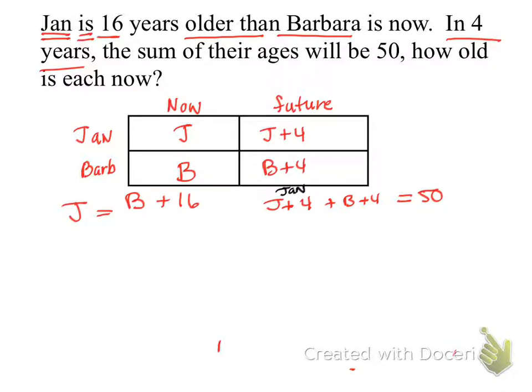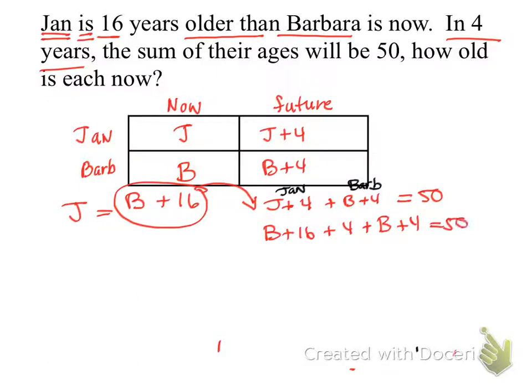Okay. So now what do you think I do? If there's Jan, here's Barb. What do you think we do next? We don't plug in math. What am I substituting? J. Yep. So I'm going to get B plus 16 plus 4 plus B plus 4 equals 50.